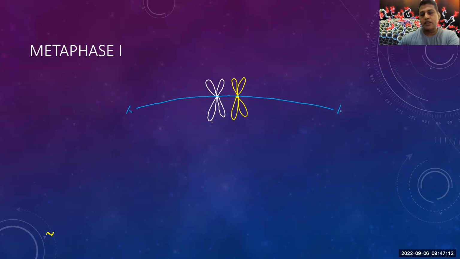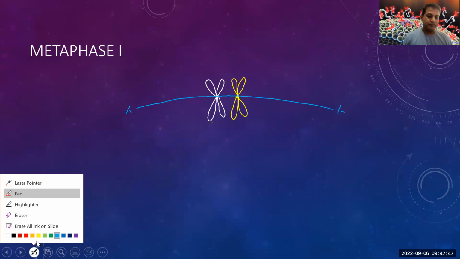So these are the centrosomes on the poles, and as before they are attached to the centromere, kinetochore, spindles, and one centrosome in this pole, the other centrosome in the other pole. Everything is the same. Now you see different. This is a homologous chromosome. They align again at the equator, but this time they are pairs. Now, why is it important? I draw a second one, right? Second pair.